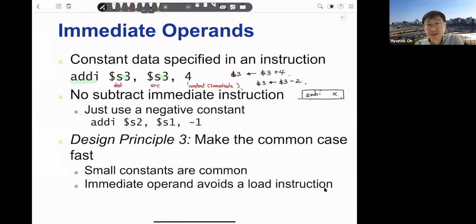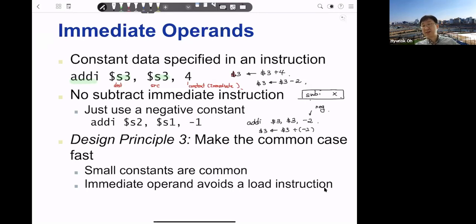Sub I does not exist. Instead, you have to use add I. Add I supports negative values. So this means $3 is $3 plus -2, which is subtraction.